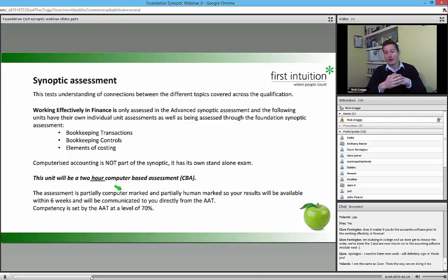So what you would do is normally sit the synoptic exam, and you're not AAT foundation level qualified because you've not got your last result. So that's the point I would suggest you do your using accounting software unit while you're waiting for that result.